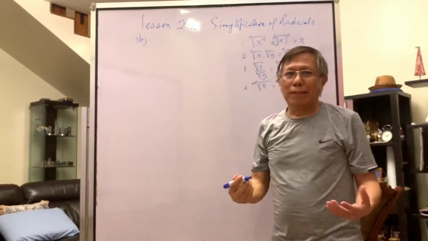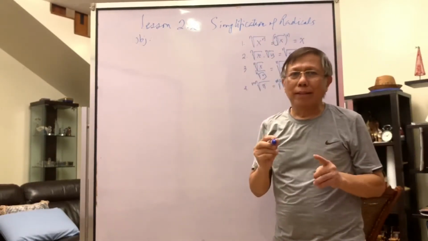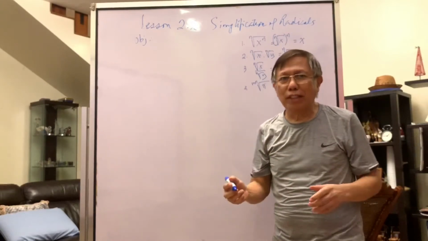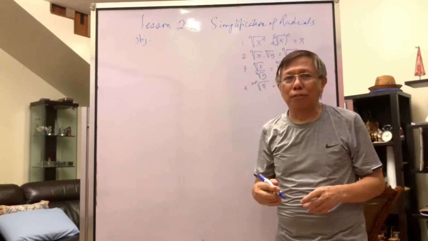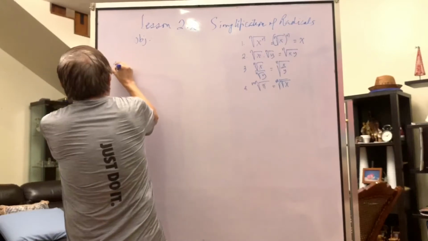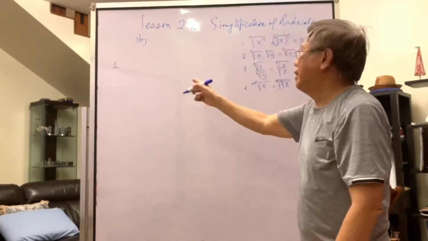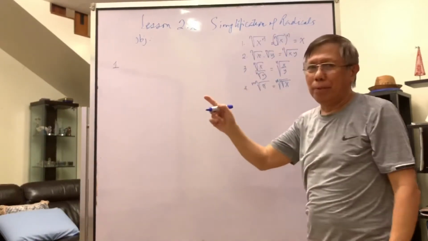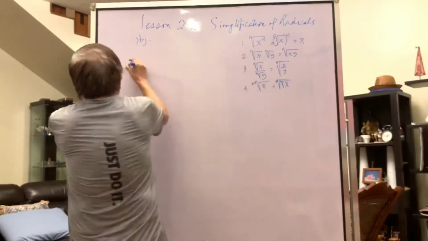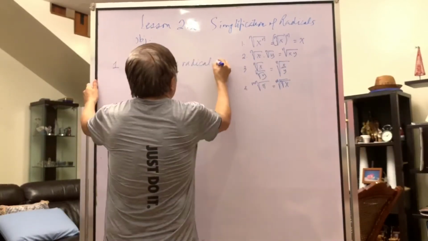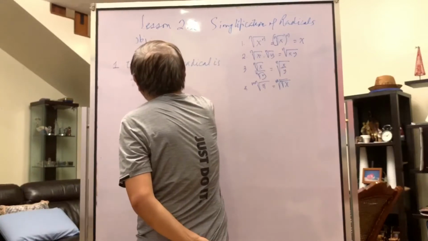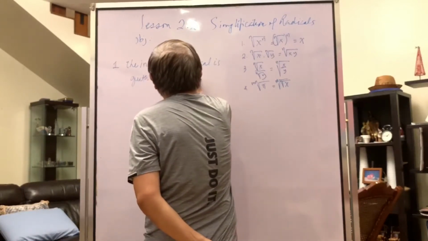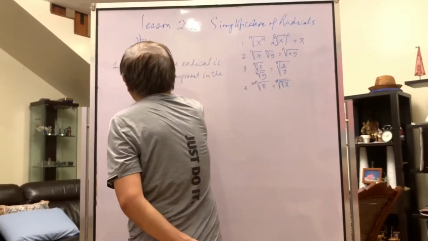Our problem now is, when do we know that a radical expression is in its simplest form? Number 1, a radical expression is in its simplest form if the index of the radical is greater than any exponent in the radicand.